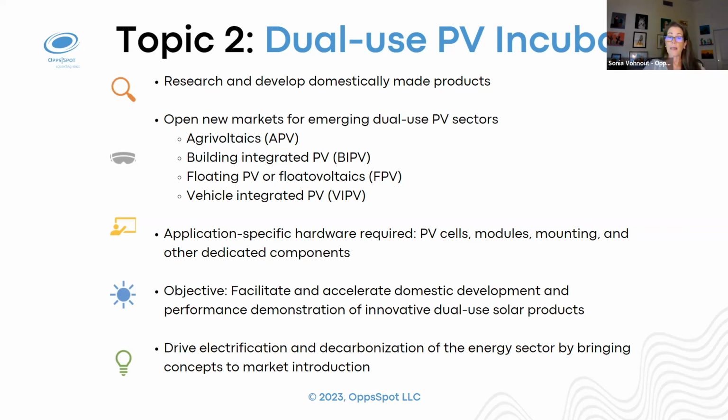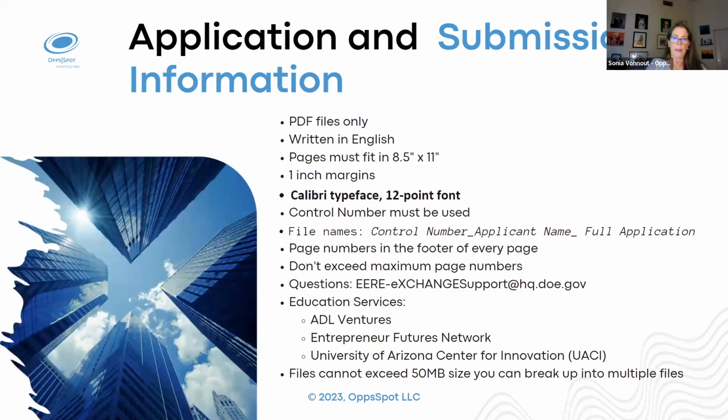And facilitate and accelerate that production here in the United States, but also demonstrate a performance improvement, right? And how can you, not only do a performance improvement, but also help with the goals of decarbonizing that are stated in the FOA.